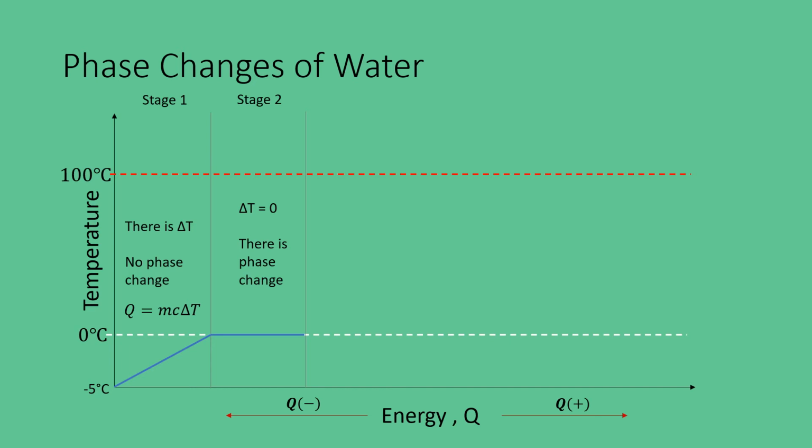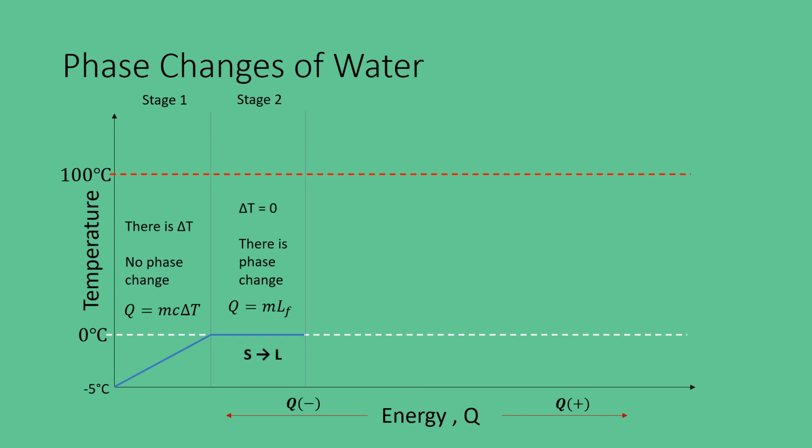At 0 degrees Celsius, we know that this is the melting point of water. So therefore, water now starts to change its phase from solid to liquid. And to solve for the amount of heat involved, Q now will be equal to mass of water times its latent heat of fusion. Latent heat of fusion because water now starts to convert or starts to turn from solid to liquid.